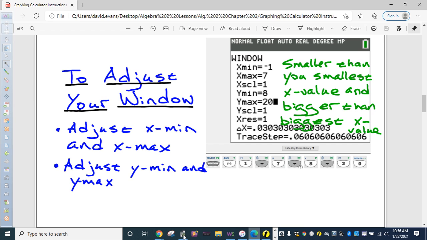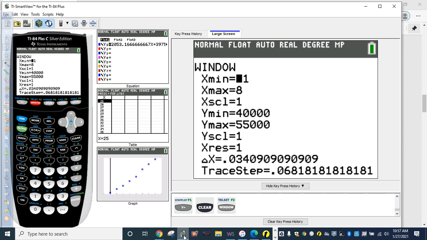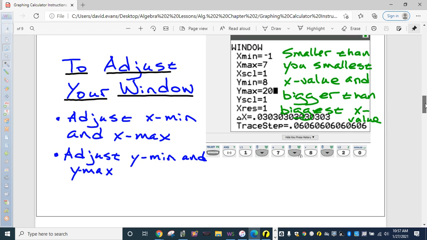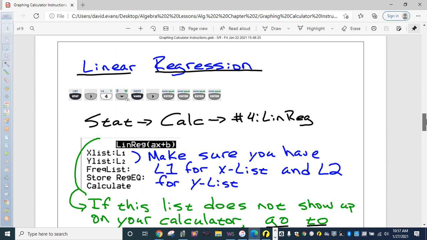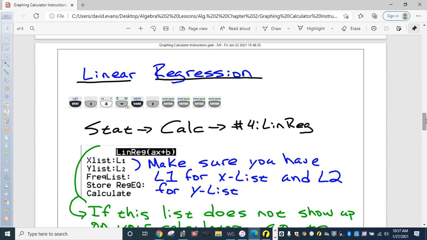You just need this. The stuff at the bottom here, don't even worry about that. Your calculator is doing other stuff. Now we're going to do the linear regression. So we just did the window, there's the linear regression, stat calc number 4.